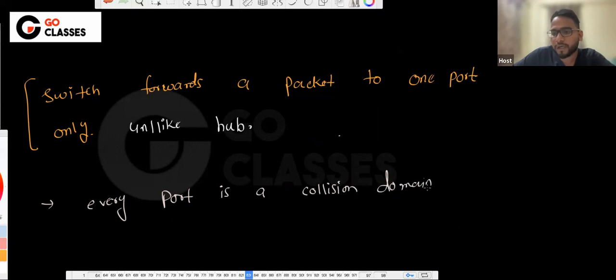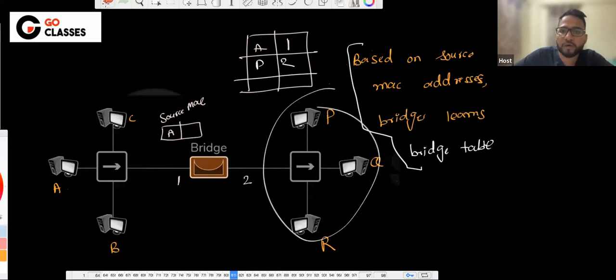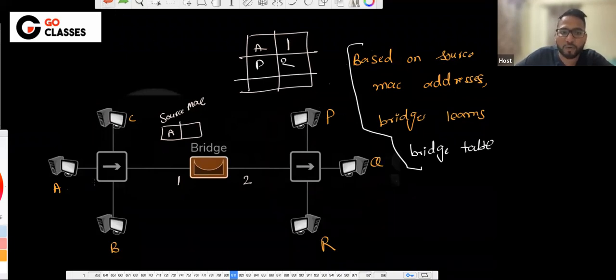Which means within this port, whatever is happening, they will collide. Within this port, whatever is happening, they will collide. But it's not like that across ports. If P is sending some data to Q and A is sending some data, if they are interacting in between, then it is not necessary that they will collide. In fact, they will not collide, right?